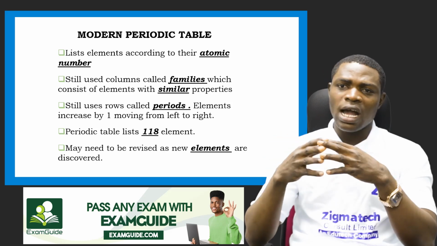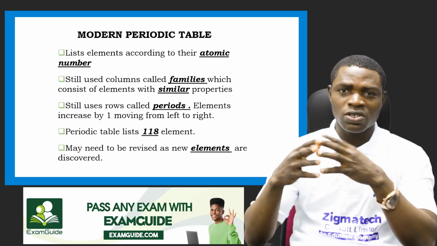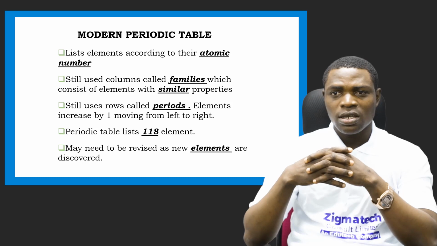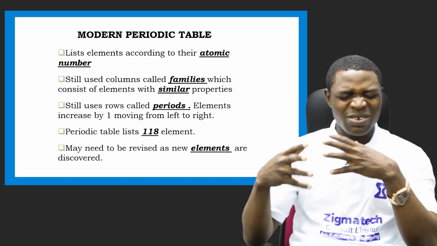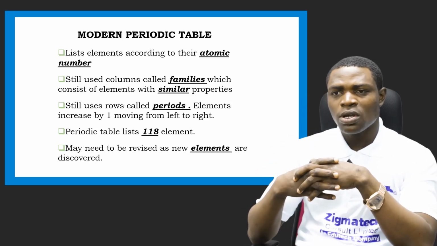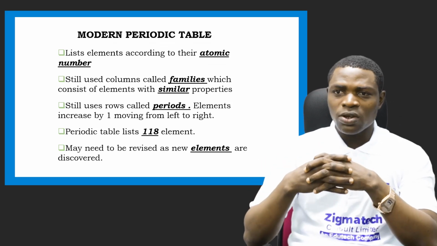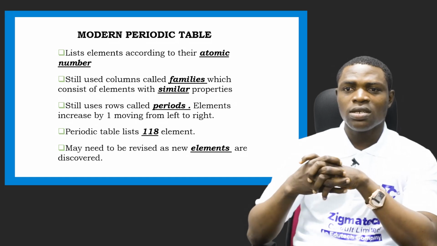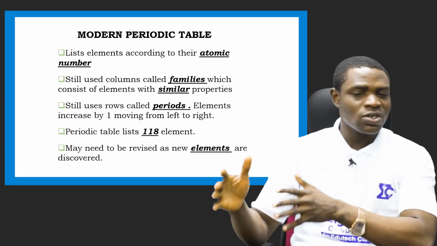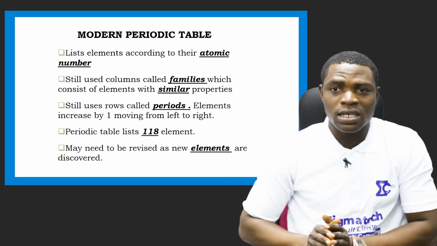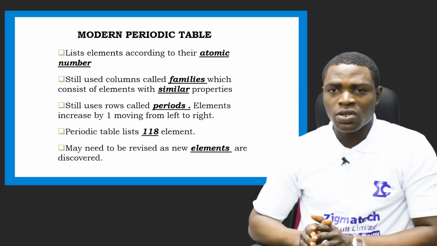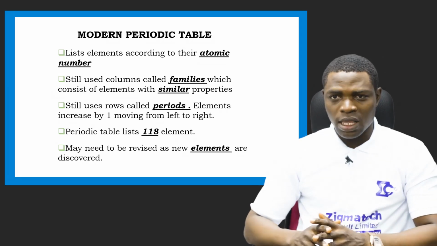Now, of course, I have told you in previous classes, if you have not been watching our videos on YouTube, I would advise you that you do. In our previous class, we looked at the 118 known elements, 90 naturally occurring, and why the rest are synthesized in the chemistry laboratory for further chemical analysis.